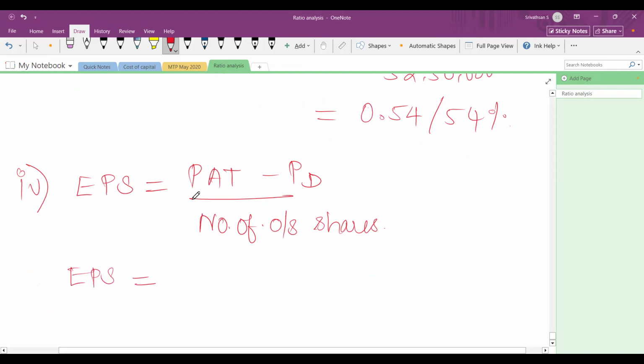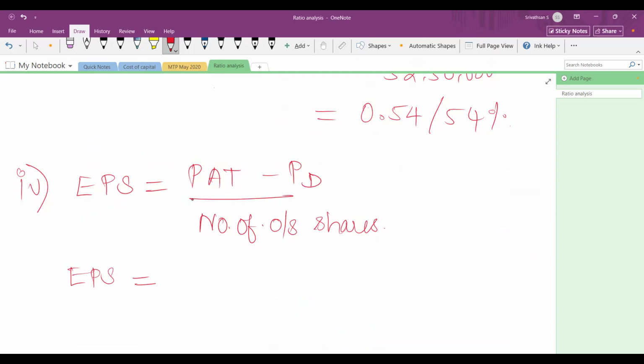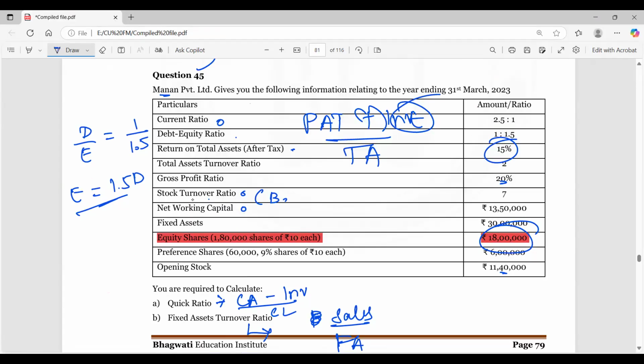EPS is equal to, what is the profit after tax in this question? It is mentioned 15% of total asset. And one more important thing, listen, here you cannot use the formula PAT plus interest by total asset. Why? Because interest rate is not given. So obviously you have to use PAT by total asset. That's all. Right? So what is the profit after tax in this case?